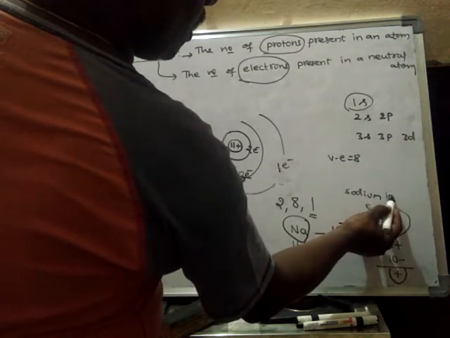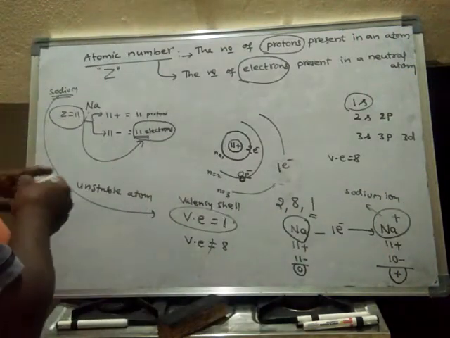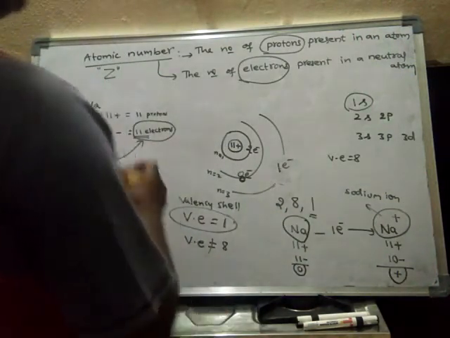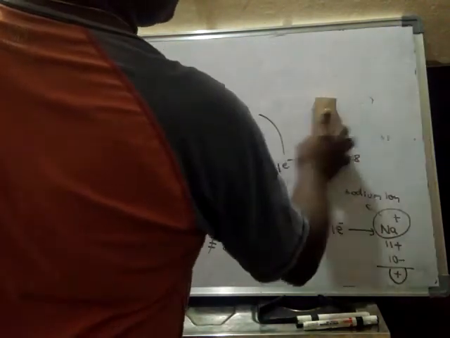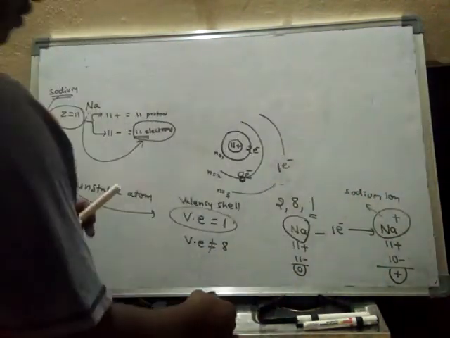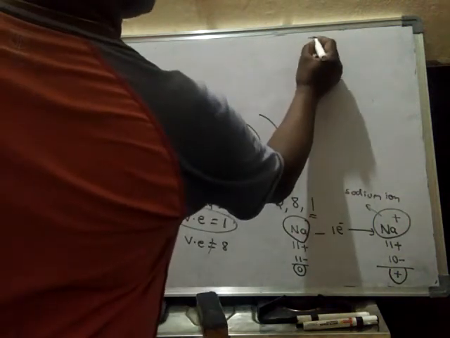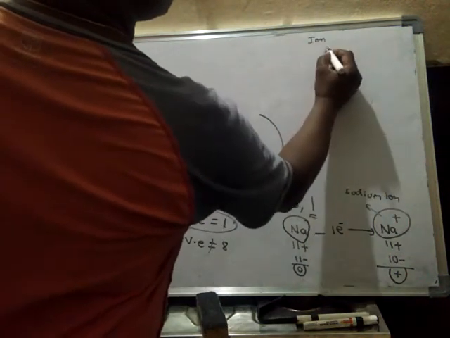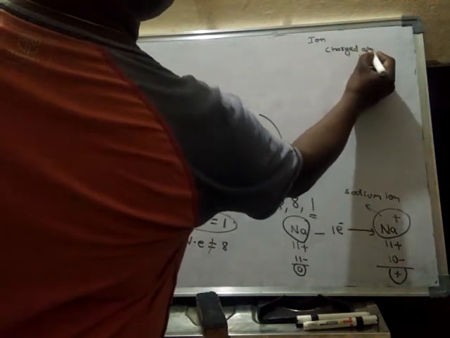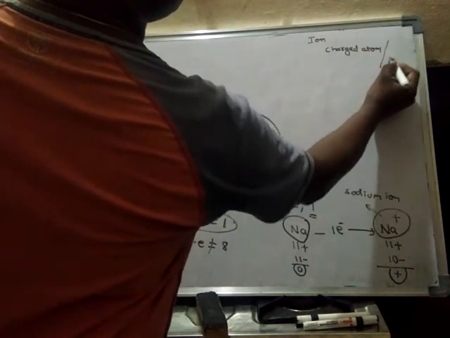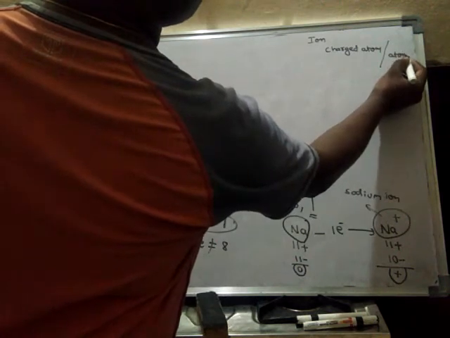Sodium ion. What is an ion? Ion means a charged atom, or charged atoms sometimes.